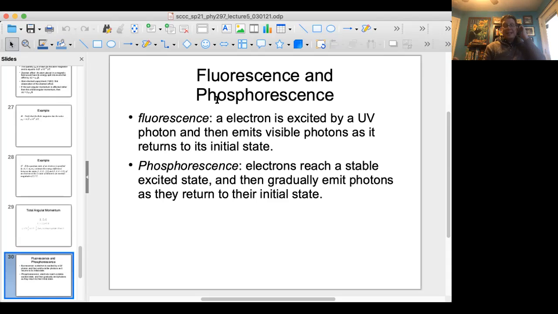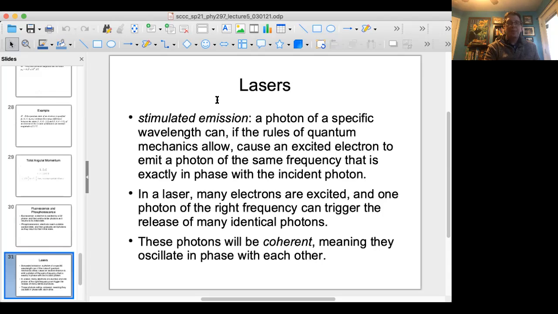And they stay in that state for a long time. And so they gradually emit the photons over time. So if you turn the lights off, a phosphorescent material will glow for a while, due to the energy that it's previously absorbed.